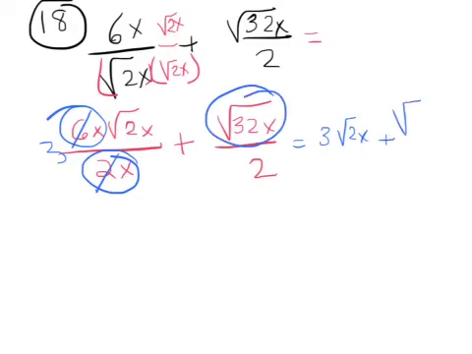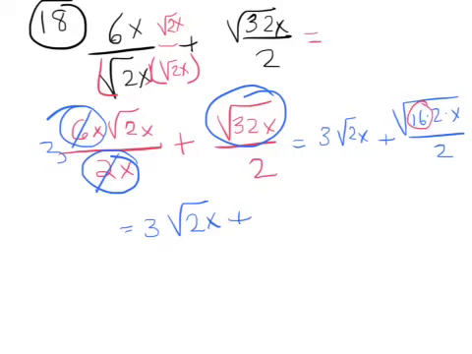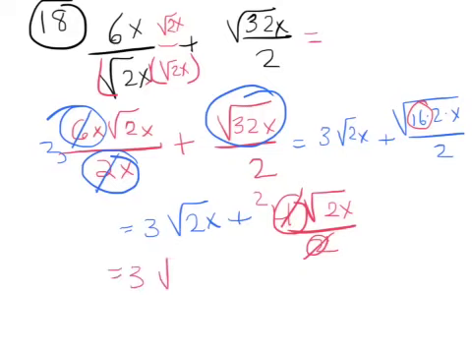Because this is going to be the square root of 16 times 2 times x over 2. So let's continue to work on that. 3 radical 2x plus, I'm going to take the square root of this, I'm going to get 4 radical 2x over 2. Well, 4 over 2, as we all know, is 2. So what I'm left with is 3 radical 2x plus 2 radical 2x equals 5 radical 2x.